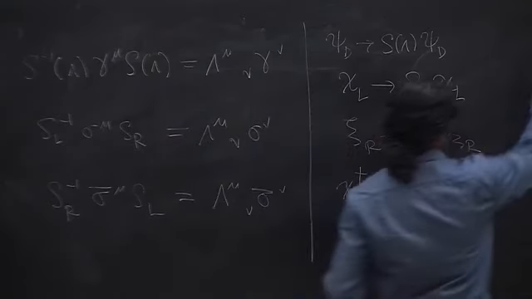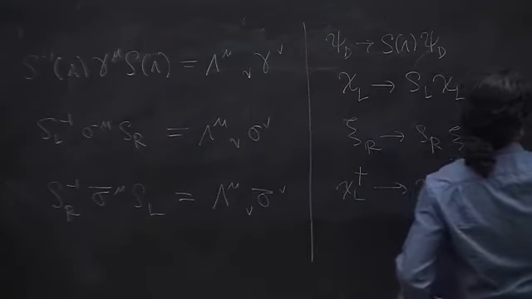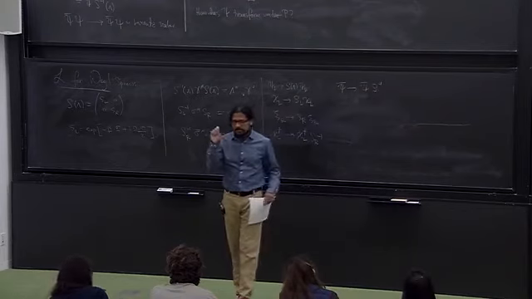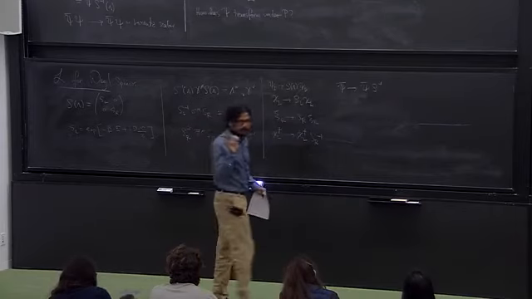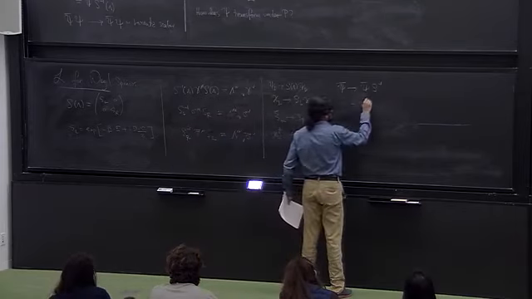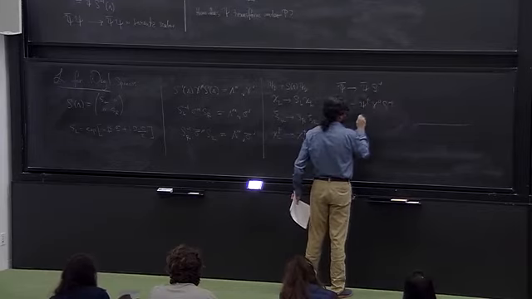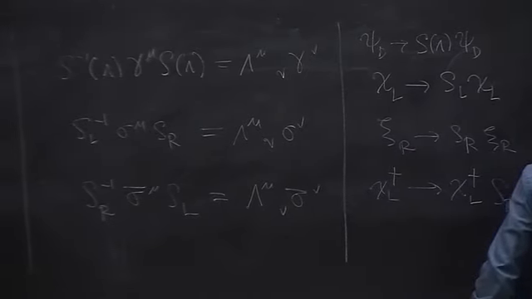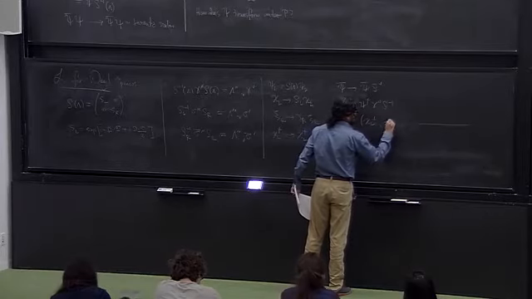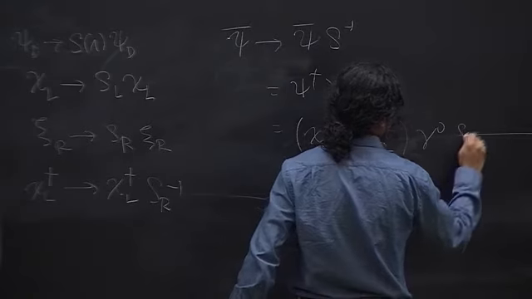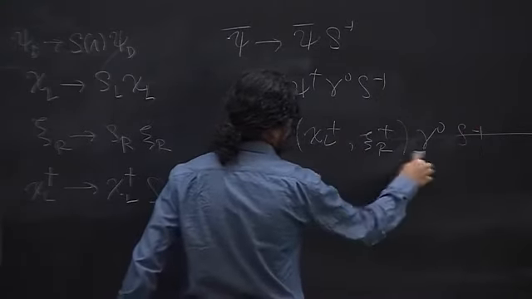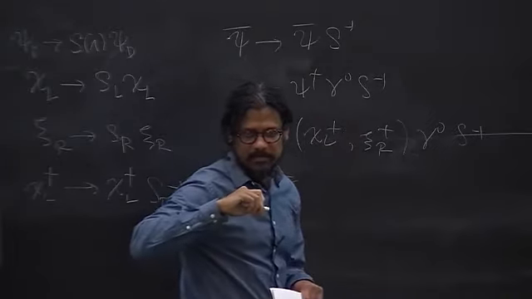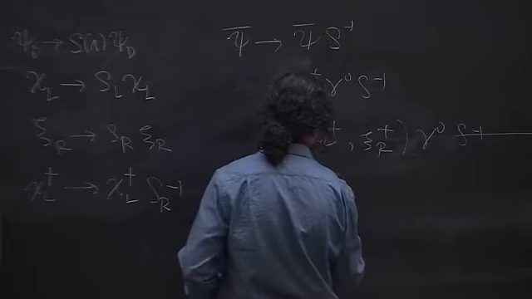This follows from the fact that psi bar goes to psi bar S inverse, but inside psi bar there's a gamma 0. This is psi dagger gamma 0 S inverse, and psi dagger is chi_L dagger, psi_R dagger. Gamma 0 has identity matrices in the off-diagonal elements, so that will flip these two.